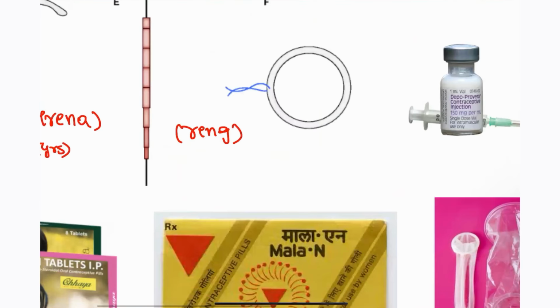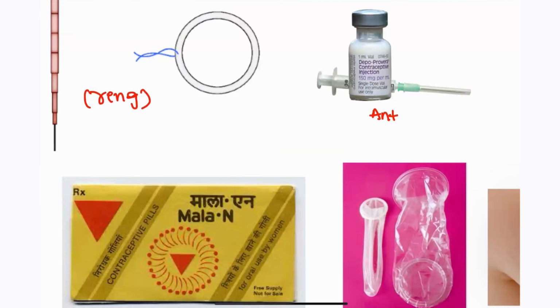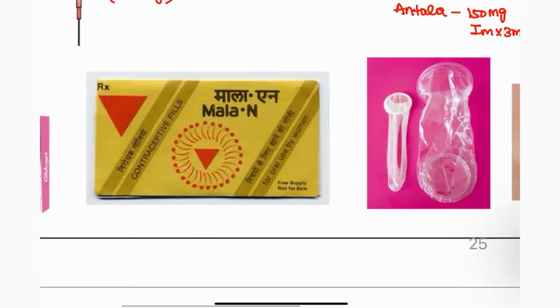Next, this is the Antara. What is the dosage of Antara, guys? The Antara dosage will be DMPA, a depot type, consisting of 150 mg given IM every 3 months. And here, this is the Mala OCP.